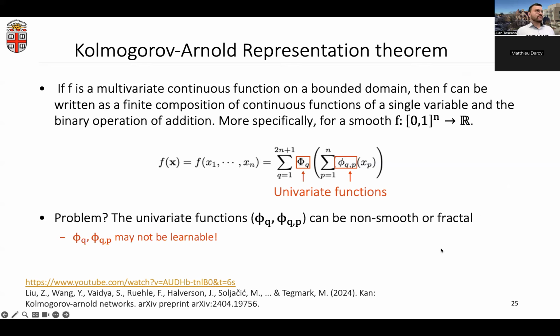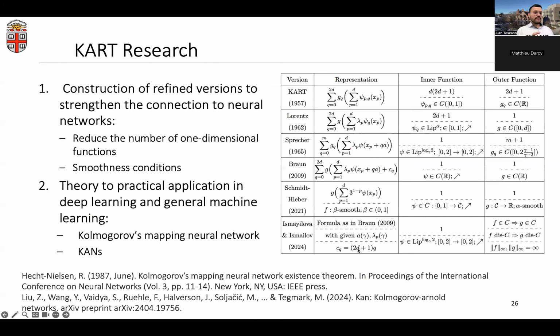Due to this fact, there have been two main lines of research on the KART. One is the construction of refined versions, which mainly try to reduce the number of univariate functions and play with different smoothness conditions, more on the theoretical side. The other is trying to apply this theory to deep learning and general machine learning.